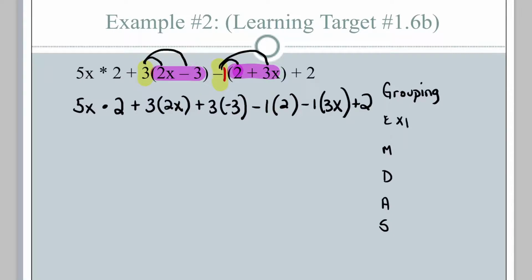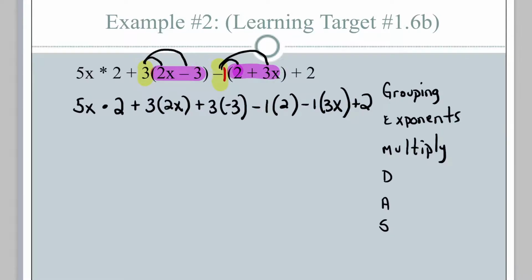Second in the order of operations are exponents, or simplifying exponents. We do not have any exponents that have a power greater than 1, and so we'll continue to the next step in the order of operations, which is to multiply from left to right.